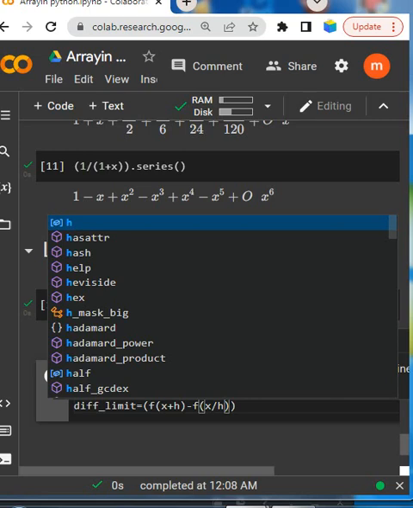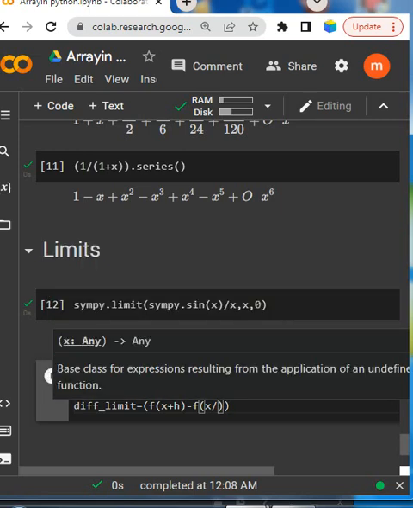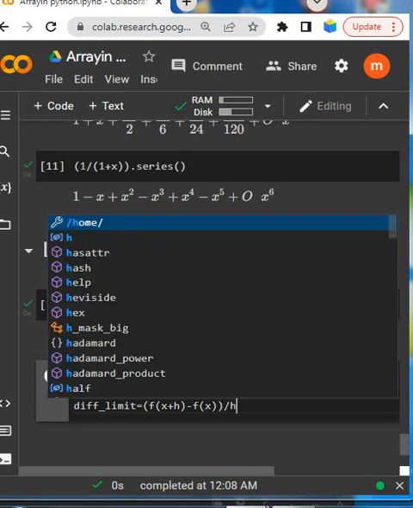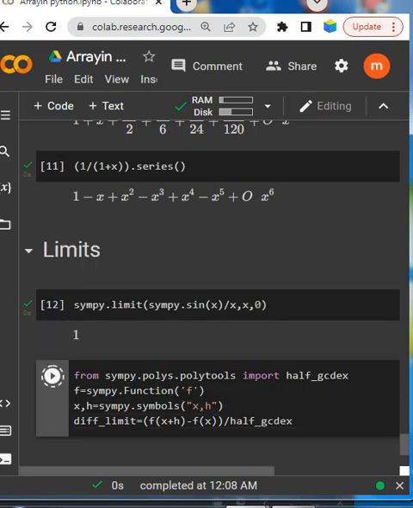So I think f(x) will be outside of this: f(x plus h) minus f(x) divided by h. So this one is outside of this. Okay, let's see.